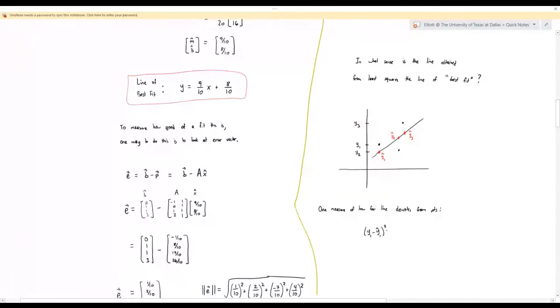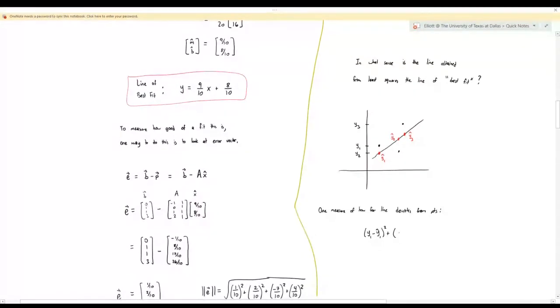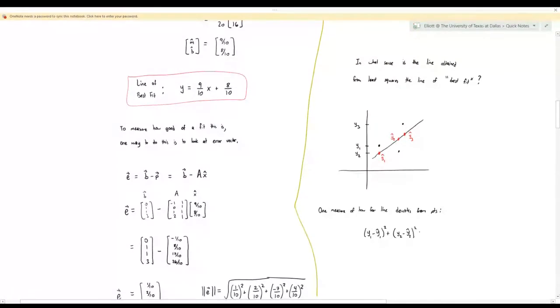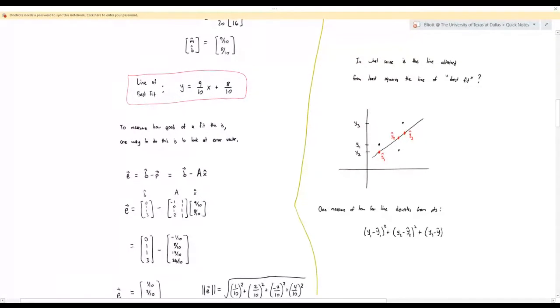We're going to square the difference to make it positive, and then sum all of it up to get a sense of the total deviation of the line from the data points.